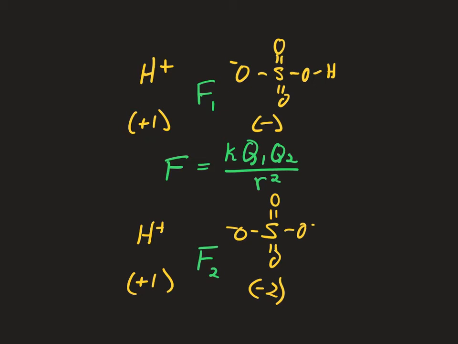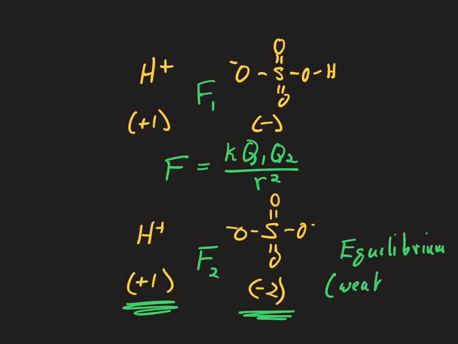As a result, this hydrogen ion is less likely to leave the hydrogen sulfate ion. So here we get an equilibrium. This is a weaker acid, while here this was a strong acid. So the first dissociation was complete. The second dissociation would be an equilibrium reaction, even if we started with the hydrogen sulfate ion as our only acid.